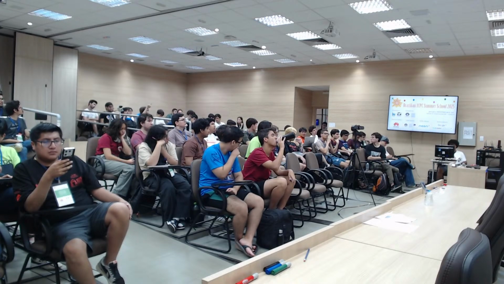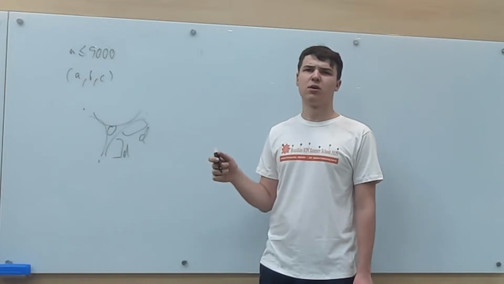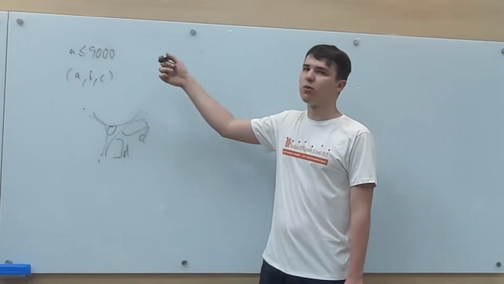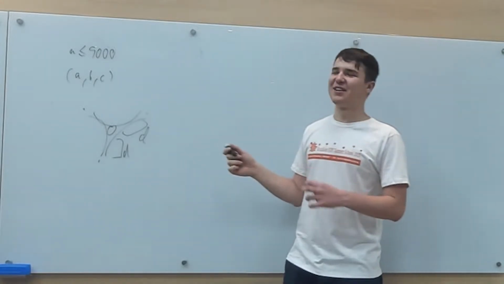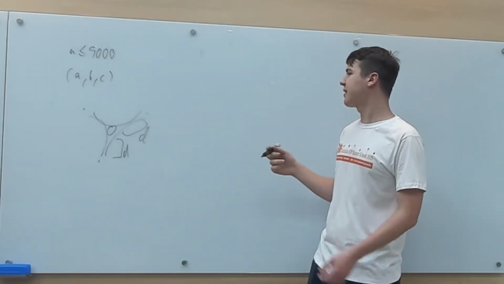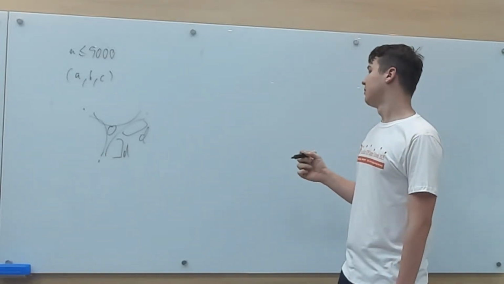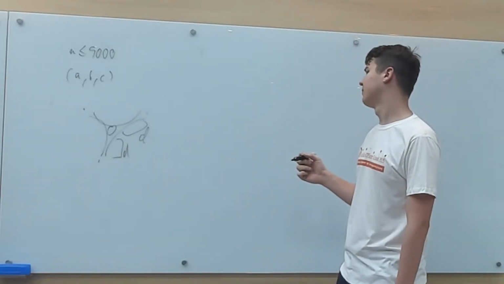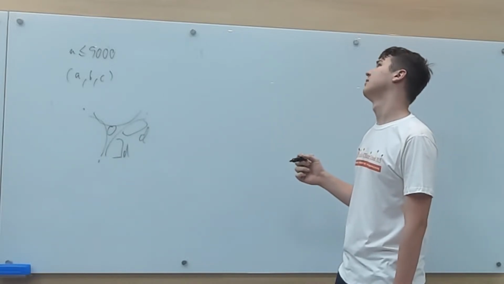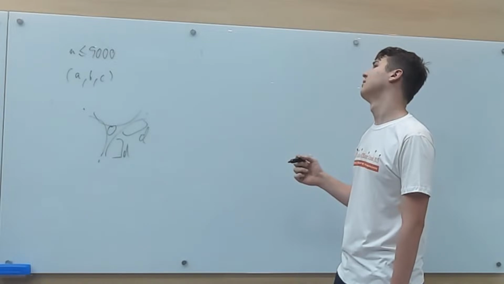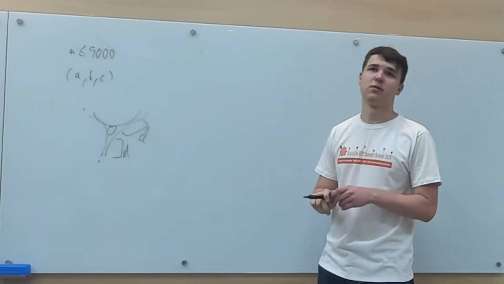What if N was much bigger? Sorry. What if N was really big? But in this task, it is not. So you're asking me if I can solve for big N. I think I cannot.